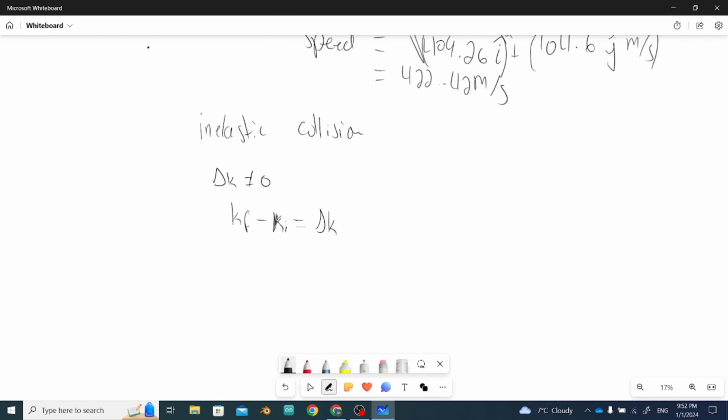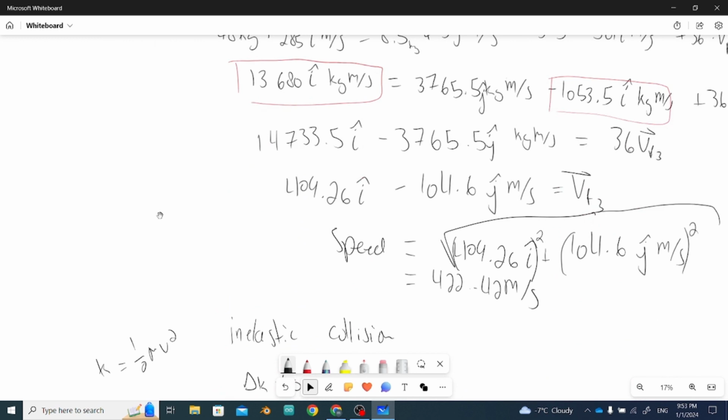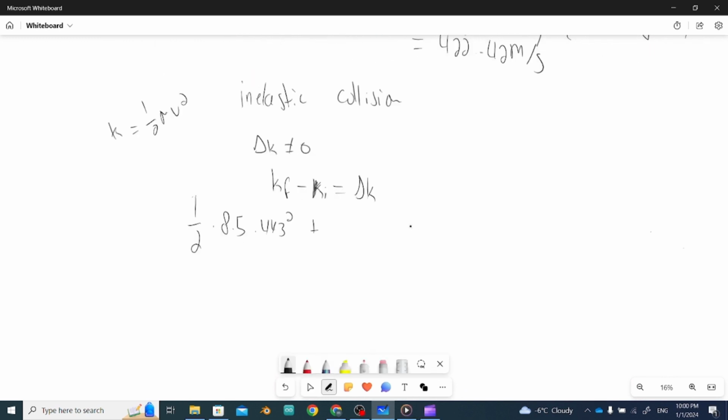So that'll be 1/2 times 8.5 times 443 squared, because kinetic energy is equal to 1/2 mv squared, plus 1/2 times the other one, which was 3.5 and the 301, so 1/2 times 3.5 times 301 squared.